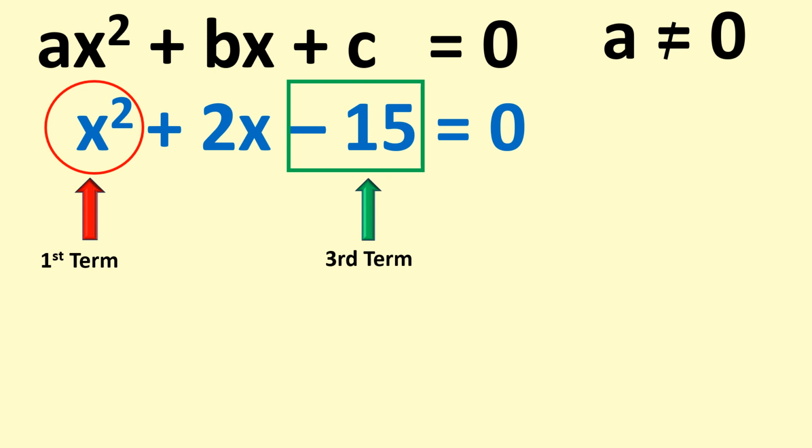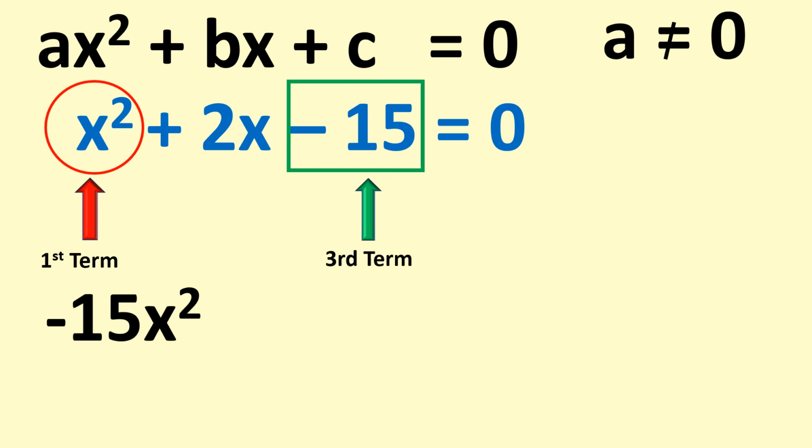What we want to do in the factorization method is to be able to simplify x squared plus 2x minus 15 by breaking it into common factors that can be factorized, and then that will help us in finding our solution.